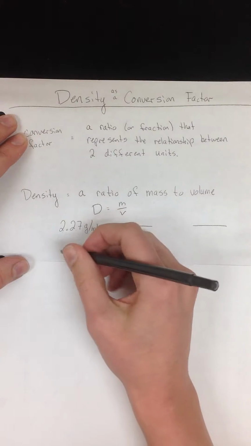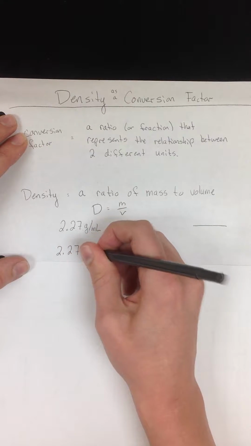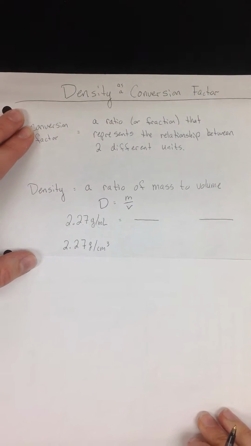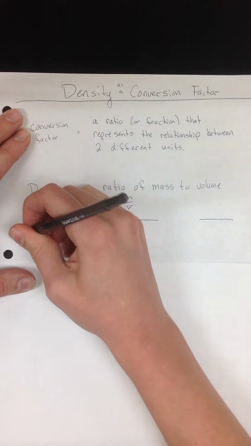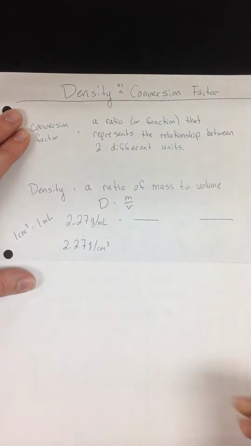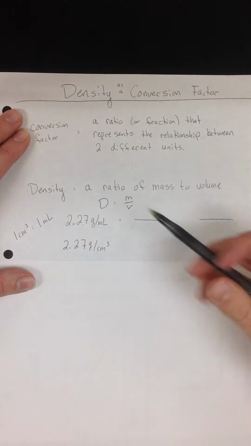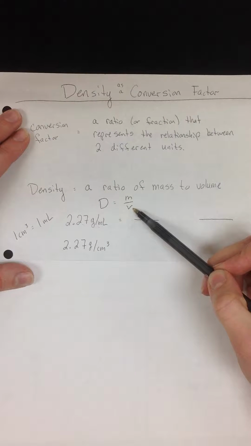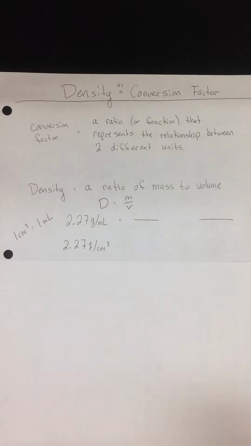We've also learned that we could have our units in grams per centimeter cubed. A little side note is that 1 centimeter cubed is equal to 1 milliliter, so it won't matter which unit we have for that volume component. They're going to be equivalent.